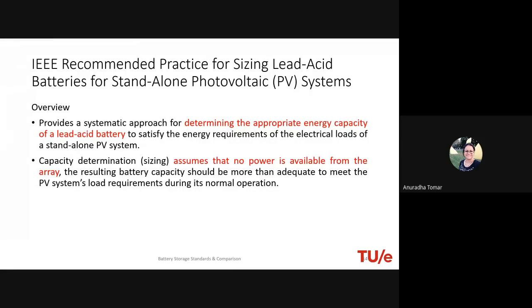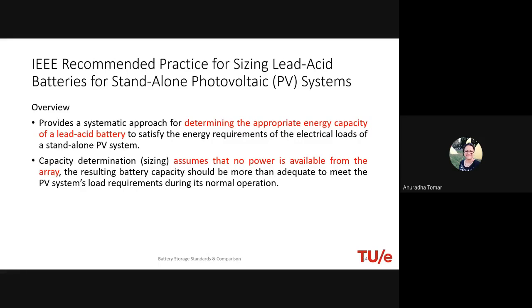It's only 5 steps. If you follow those steps very carefully and calculate the values critically, your battery size would not be exactly the optimum, but it would be as per the standard.